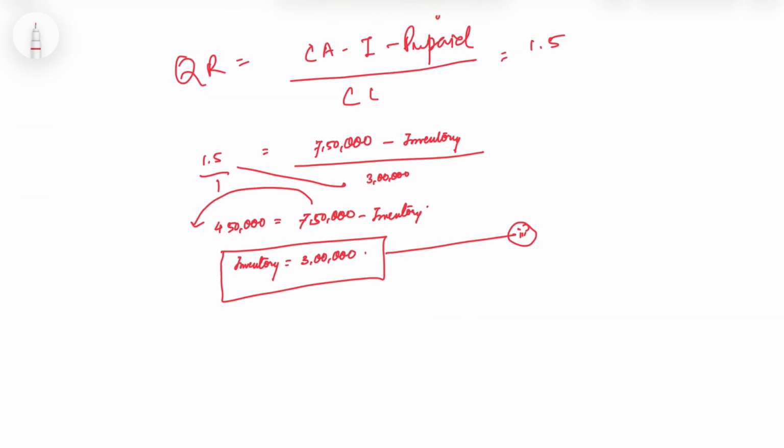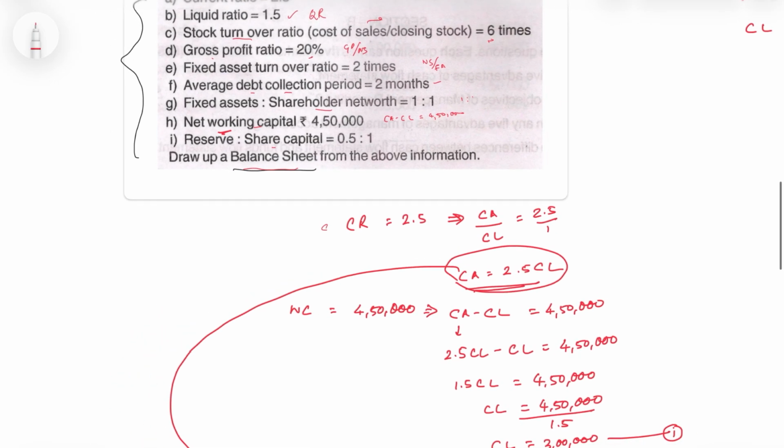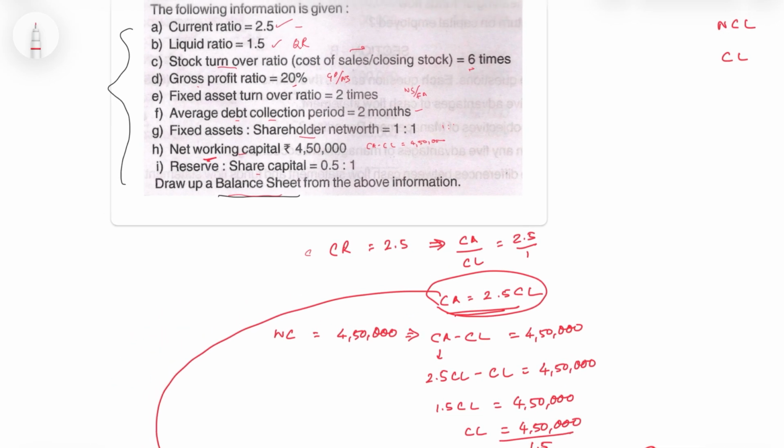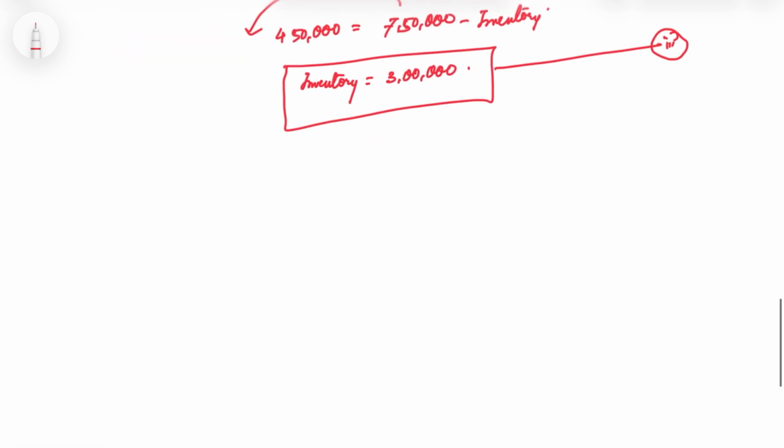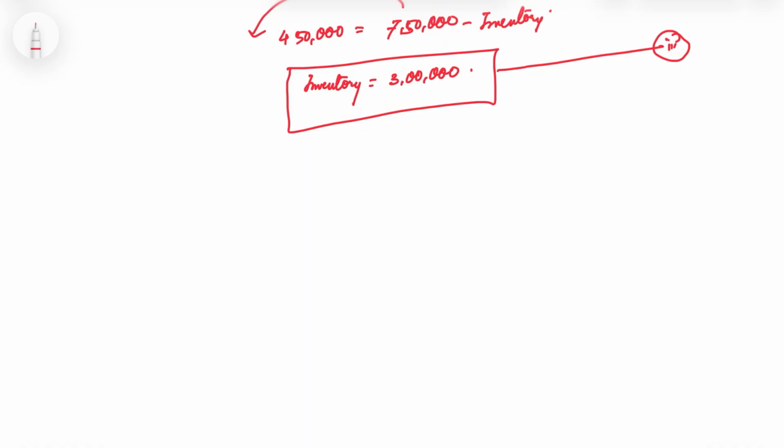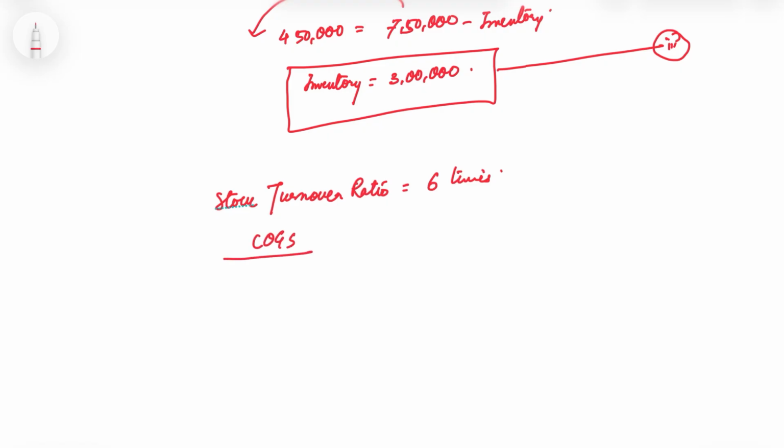Next, stock turnover ratio is 6 times. The formula: stock turnover ratio is cost of goods sold divided by average inventory.